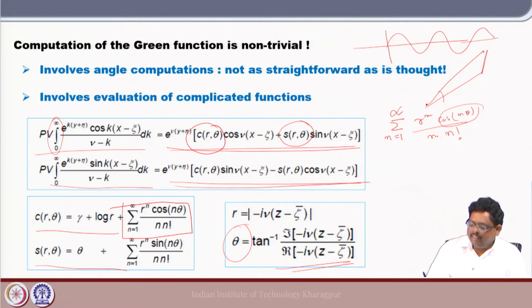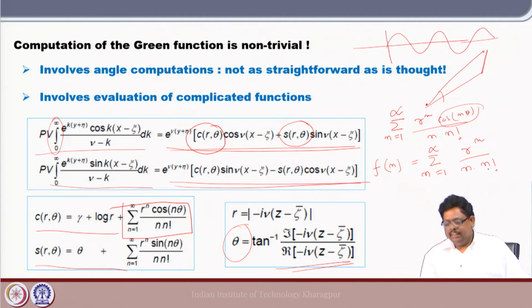So I have to multiply a factor between 0 and 1 with the other term. Let us call f of n the summation n equal to 1 to infinity of r to the power n divided by n into factorial n.